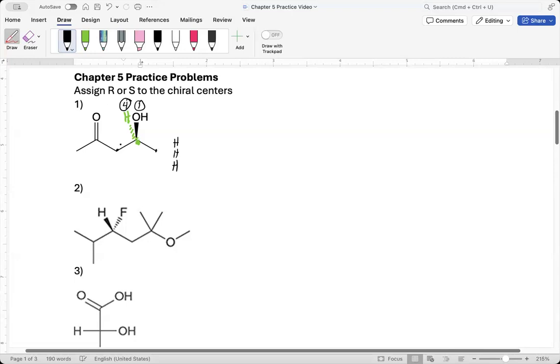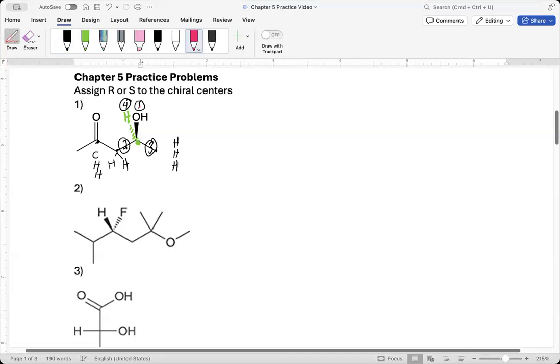On the left, there are 2 hydrogens, but then this carbon is also attached to a carbon. So on the left, this carbon is attached to C, H, H, and therefore the left gets a higher priority. So we've got 2 and we've got 3.